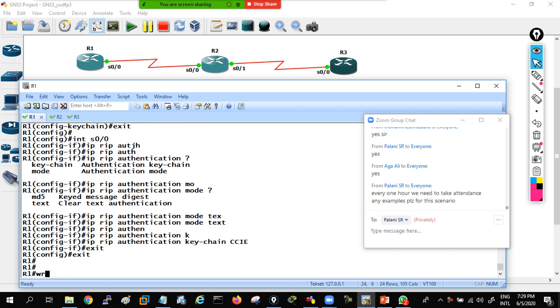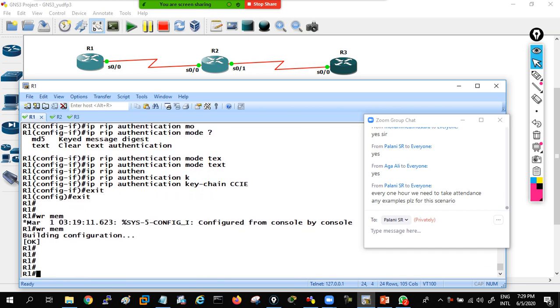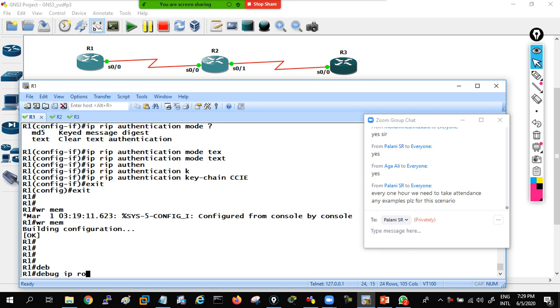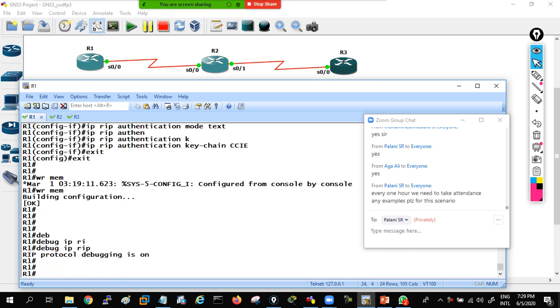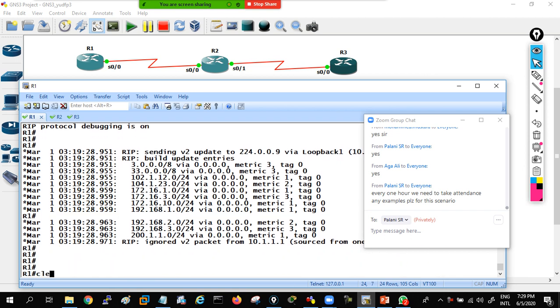Now let's see what's happening. Debug ip rip. Just wait a few seconds, guys. Every 30 seconds it is going to send the updates. Okay, I don't want to wait that long, so I'll clear.